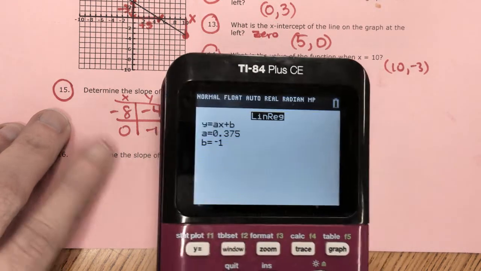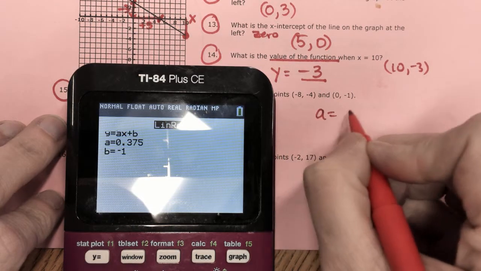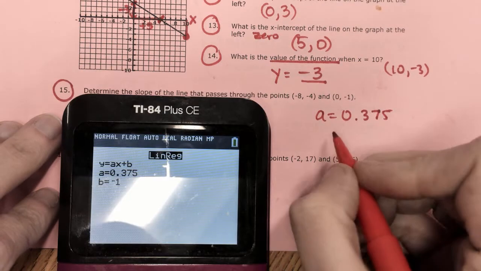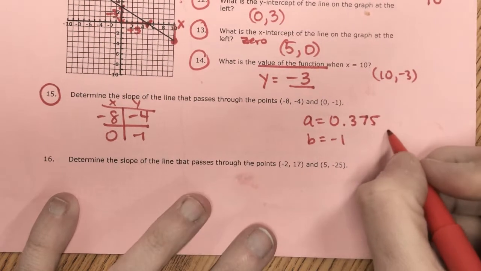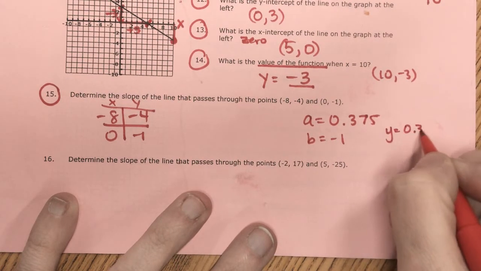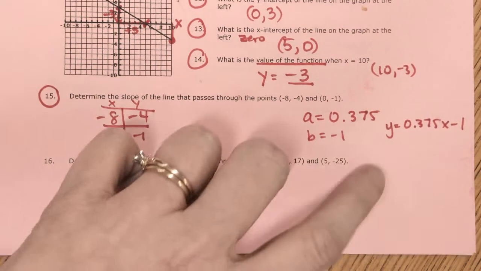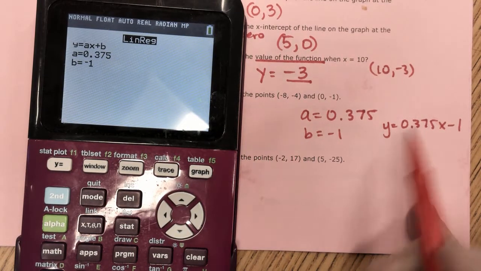I hit enter a bunch of times, and it tells me that A equals 0.375. And it says that B is -1. So I could technically write myself an equation. y equals 0.375x minus 1. Now, what if they give me this and they don't give me a fraction?